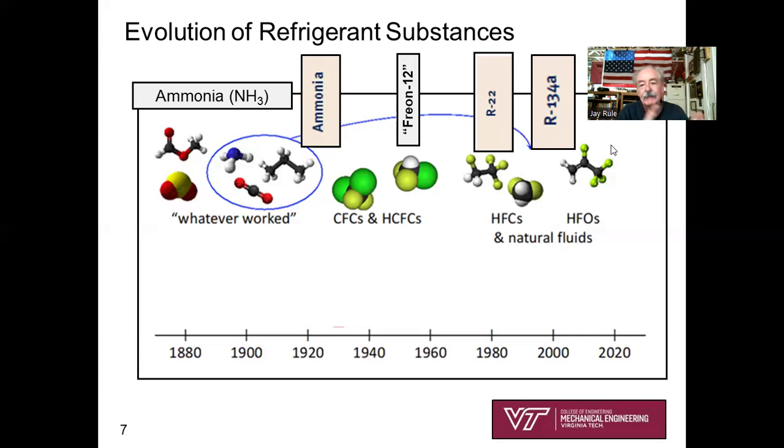And so there has been an evolution of different refrigerants going from ammonia all up to nowadays R134A and beyond. So you as an engineer are going to be asked to learn how to use the property tables for ammonia, for R22, and R134A.